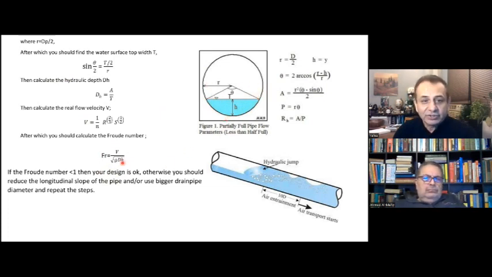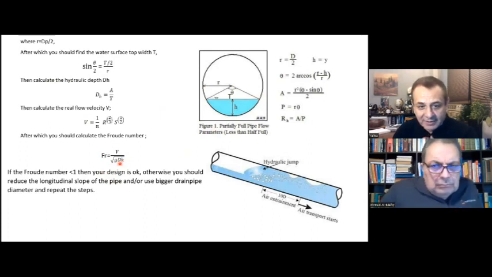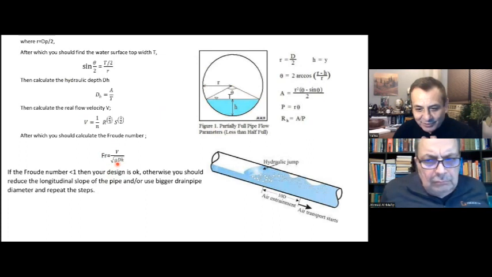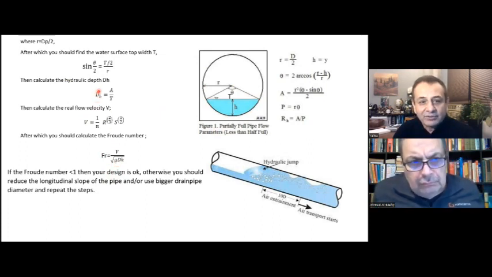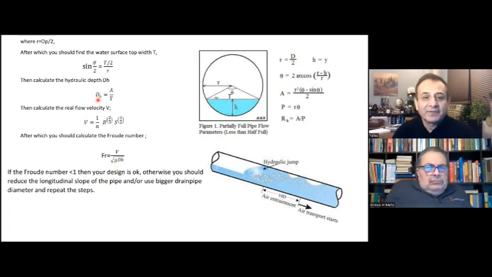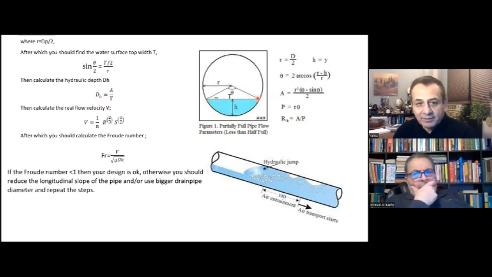And DH, here again, I'm sorry about that. This is not D times H. This is one term, DH, which is called the hydraulic depth, the area of the flow divided by the top width.